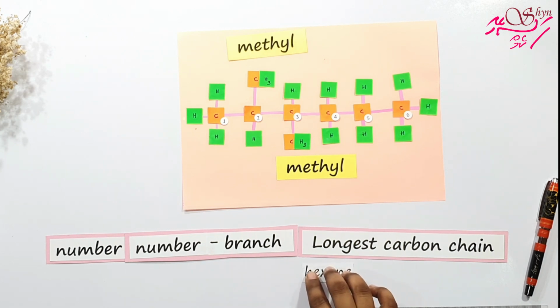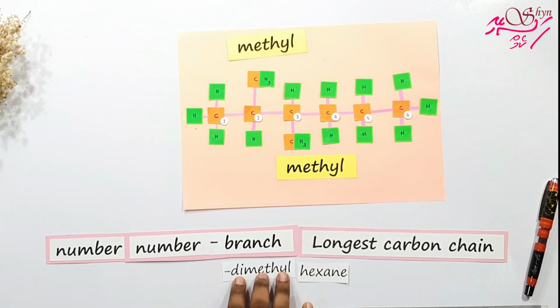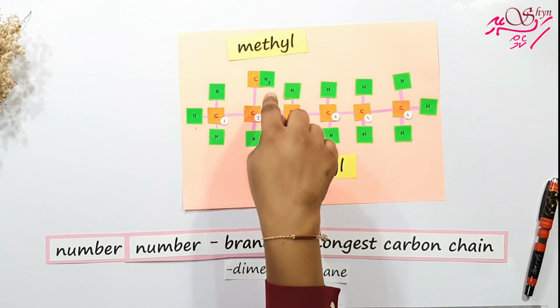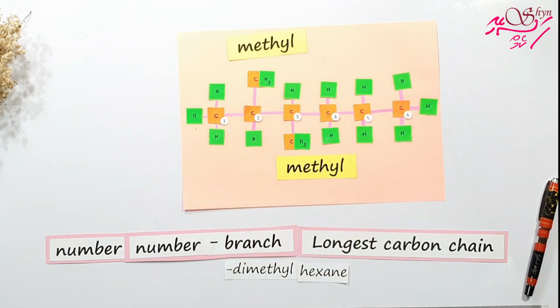As there are 2 branches, it is dimethyl, and it is attached to the second and third carbon, so 2, 3 dimethyl. Must have a comma between the numbers and a hyphen after the numbers. So the structure is 2, 3 dimethyl hexane. Now remember, when naming, no capitals and no line spacing.